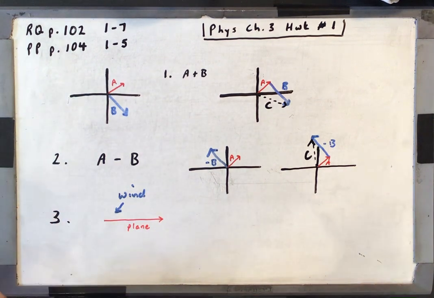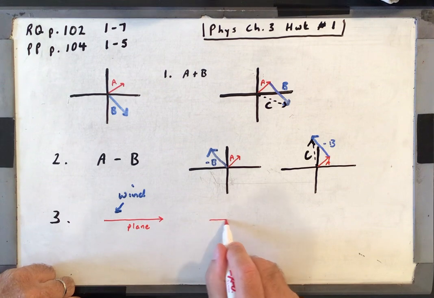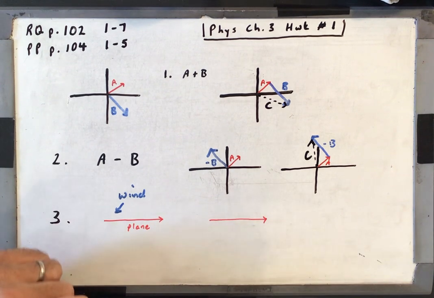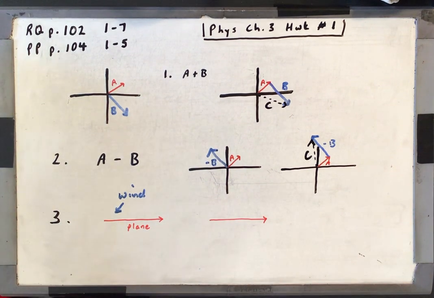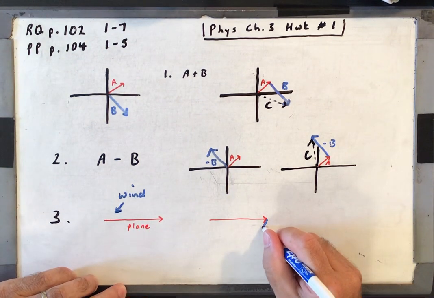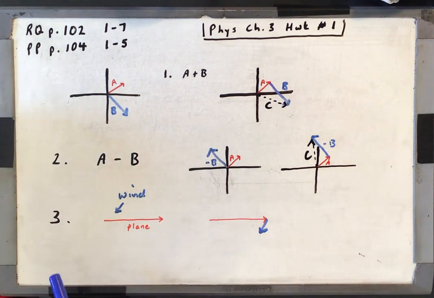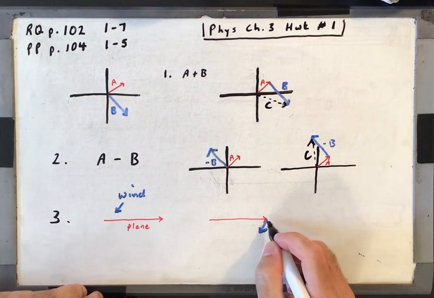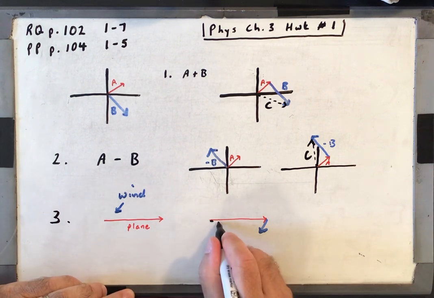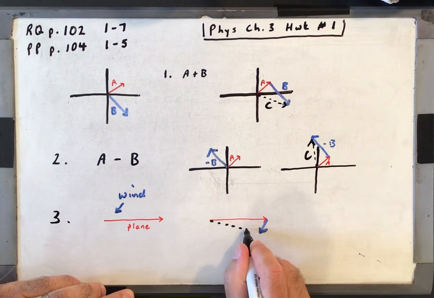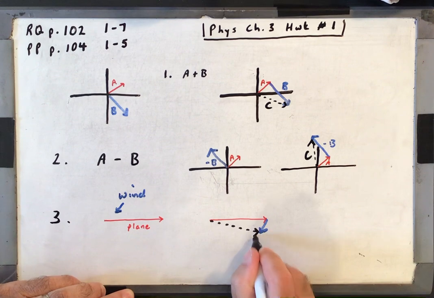So I would end up having that. Take the wind, put it on the arrowhead, and then of course it makes common sense that the plane would be pushed kind of down on this drawing.